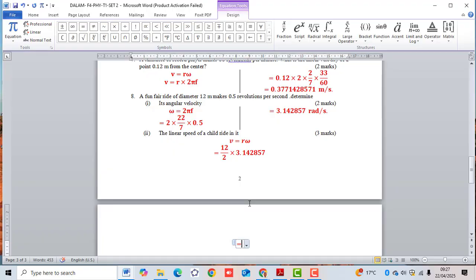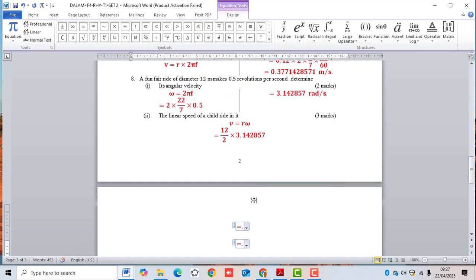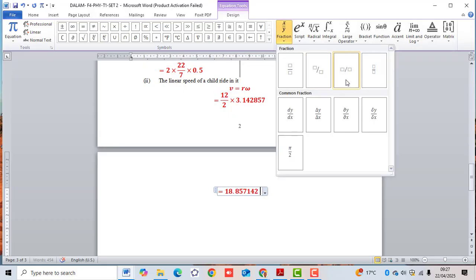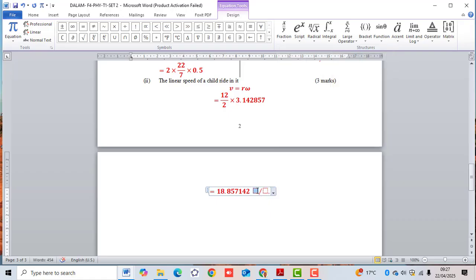What will be the final answer? Moses? 18.857142. Then that is the linear velocity. It will be meters per second.